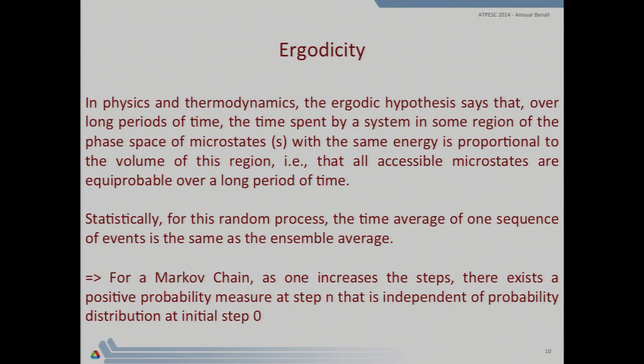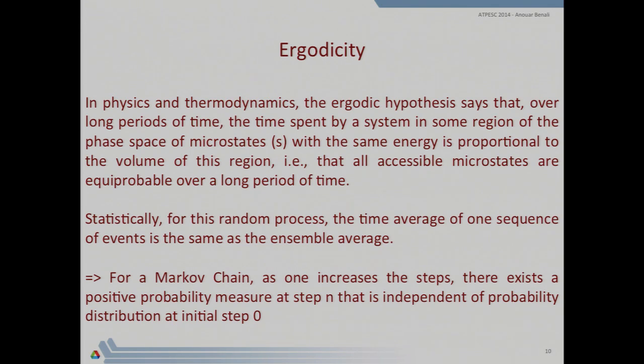This is going to introduce another point after the Markov chain, which is ergodicity. Since we are studying physical systems and thermodynamics, the ergodic hypothesis says that over a long period of time, basically all accessible states are going to be equiprobable over time. That means that once you reach a type of equilibrium, moving from one state to another has the exact same probability. Over time, we're going to be able to access all these states.